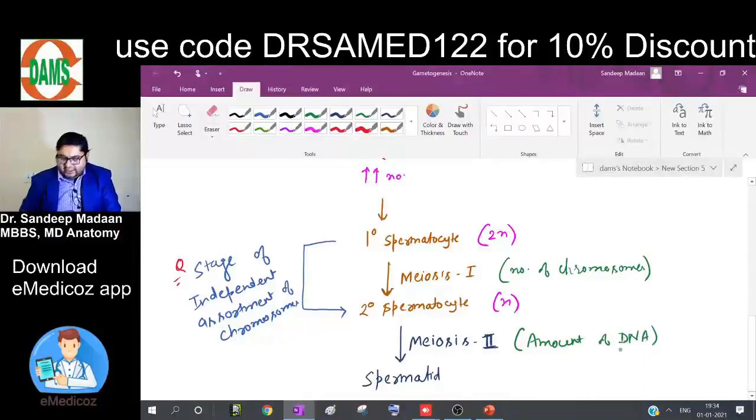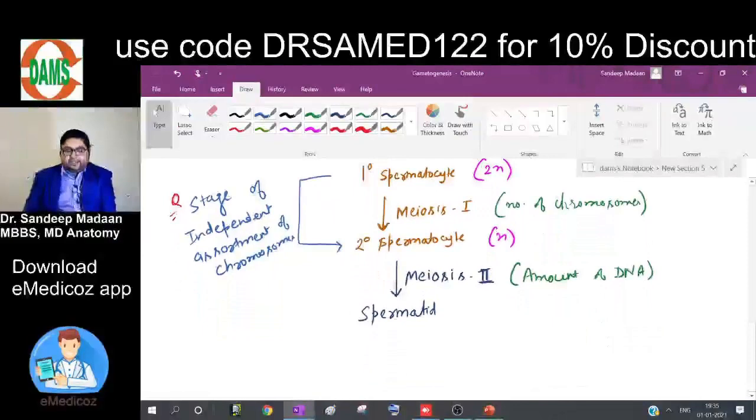In single chromosomes, if they are dividing, the chromatid becomes double, so the amount of DNA was double. To reduce that double amount into the normal amount, meiosis 2 is required. So remember simply: meiosis 1 is for the number of chromosomes and meiosis 2 is for the amount of DNA. Is that clear? Can we proceed?